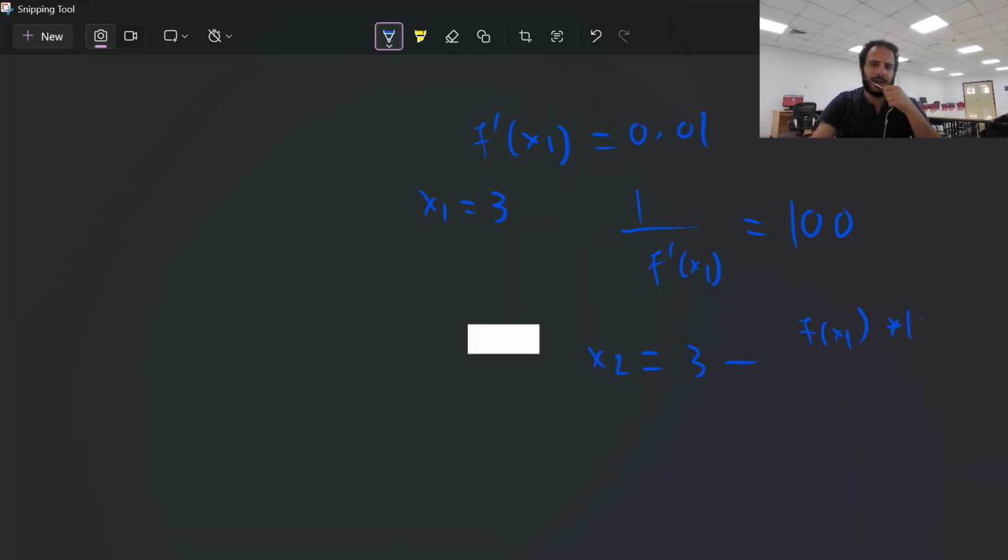So times 100 here. Assume if x1 is, for example, 2, then 2 times 100, 200, so you get minus 197. See? So this is the idea. Sometimes the method will not work if the derivative is very close to 0. This is just for understanding. I mean, you will not have these problems in the problems that we will solve.